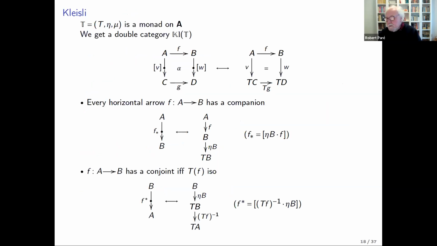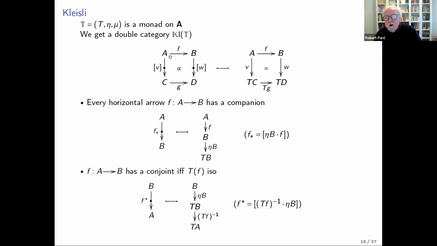Now, maybe in a course in category theory, the place where you first meet a category that has two rather different kinds of morphism is for Kleisli categories. Given a monad on A, you get a Kleisli double category.